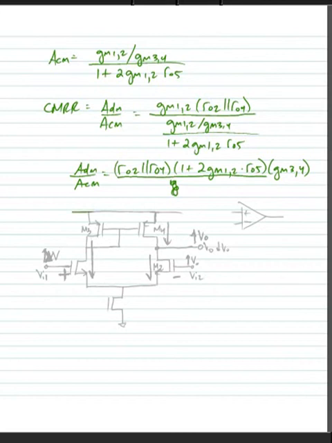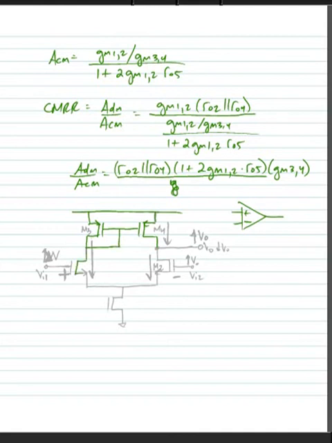Now, one last thing to show you is how we determine, as we know that in an operational amplifier we have a non-inverting terminal, inverting terminal, and our output terminal. How do we determine on this particular amplifier what is the non-inverting terminal and what is the inverting terminal? And to do this, we're going to use our perturbation analysis technique.